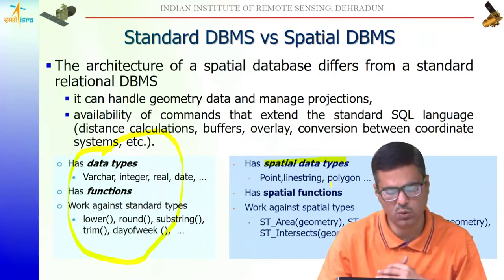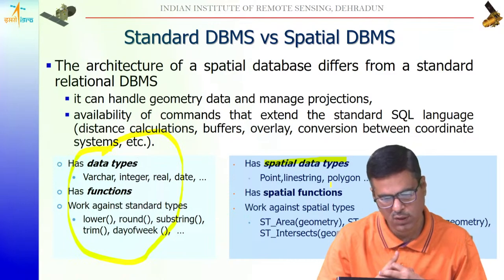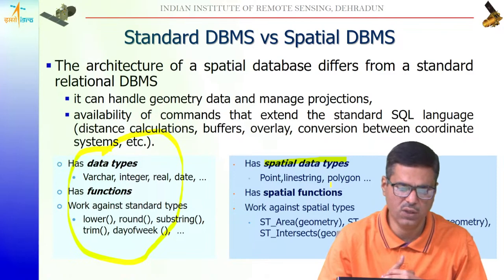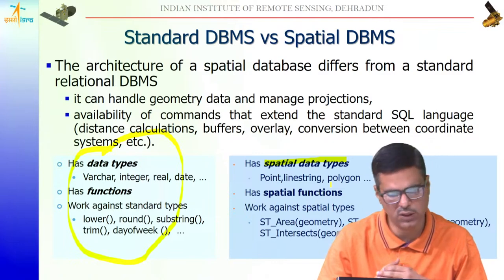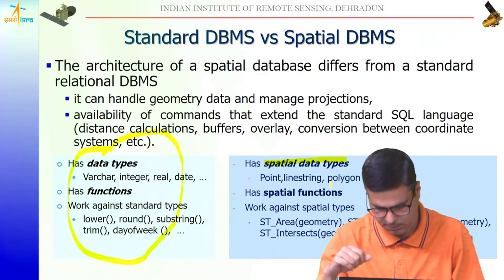So ST_Area, suppose this is the case of Postgres and PostGIS. Again, distance: given two point geometries, we can get the distance between the two points. Similarly, we can also check whether two geometries intersect one another. So the spatial DBMS has all the capabilities of the traditional DBMS along with the support for spatial data types.